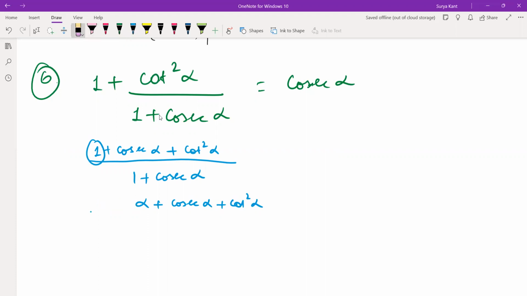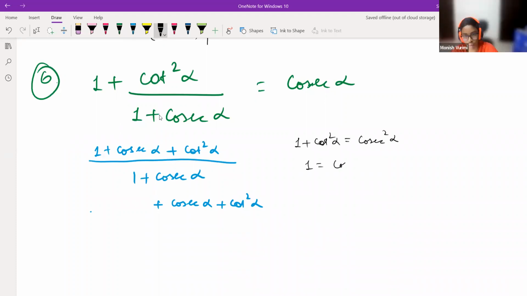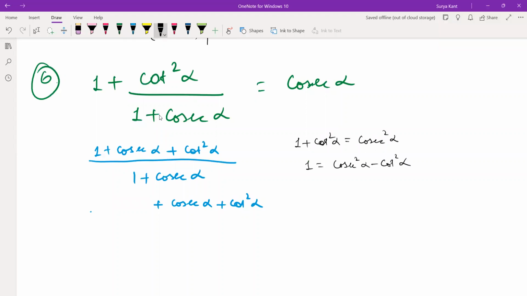We can't write 1 plus cot square alpha. See, 1 plus cot square alpha is what? Cosec square alpha, right? In place of 1, what can we write? Cosec square alpha minus cot square alpha. So we'll write here cosec square alpha minus cot square alpha divided by 1 plus cosec alpha.